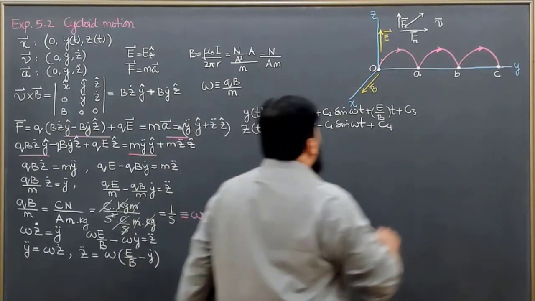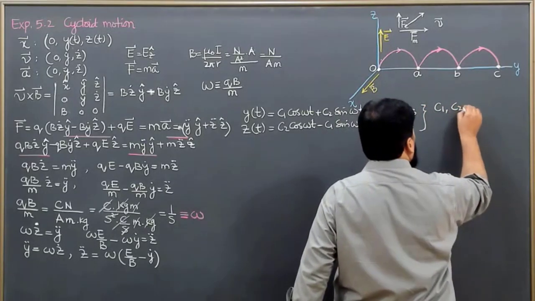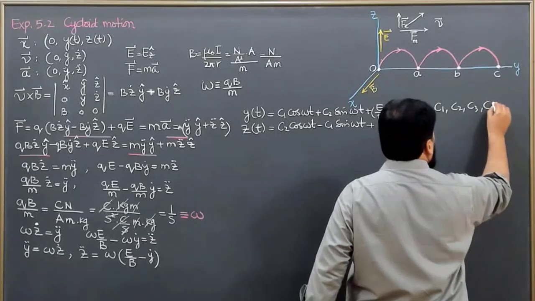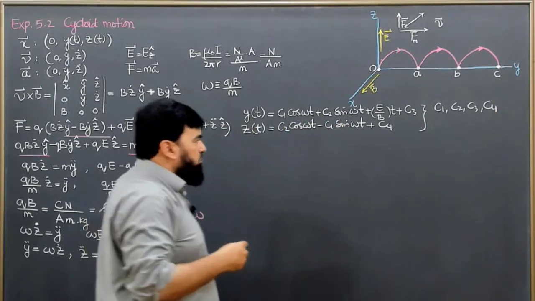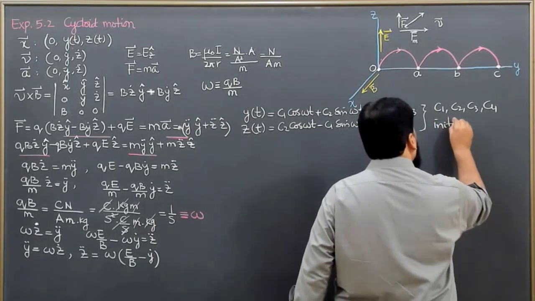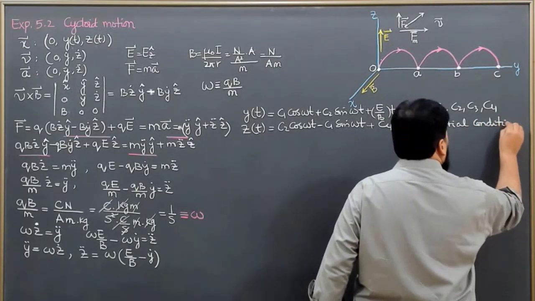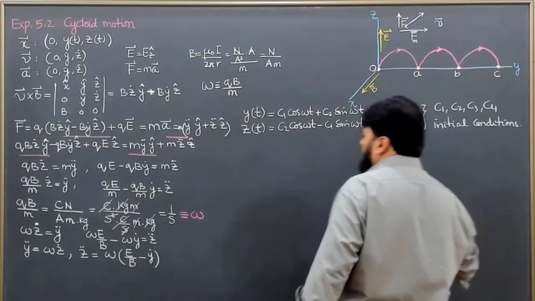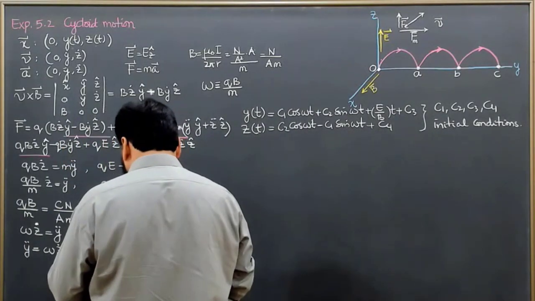Now the values of these constants, which are c1, c2, c3, c4, can be found from the initial position of motion, and in the derivation I have done all the steps, so you need not worry about that.